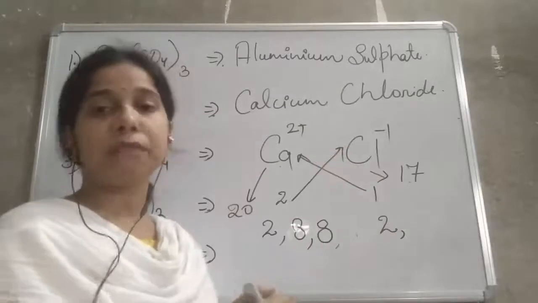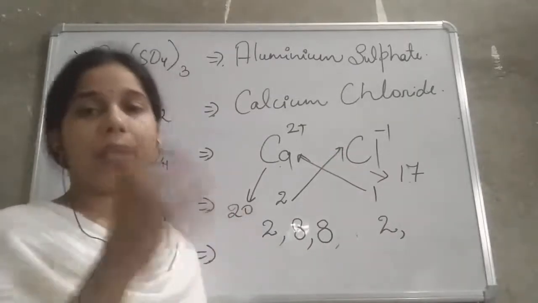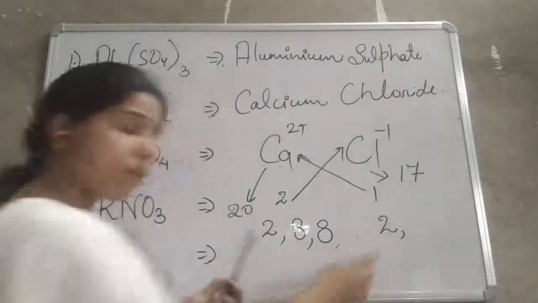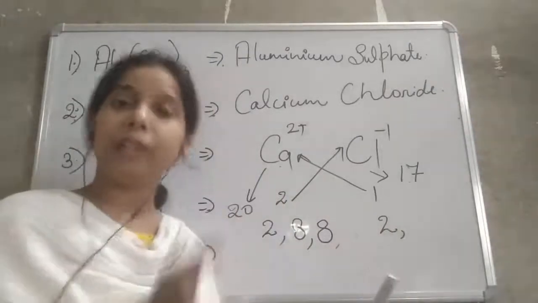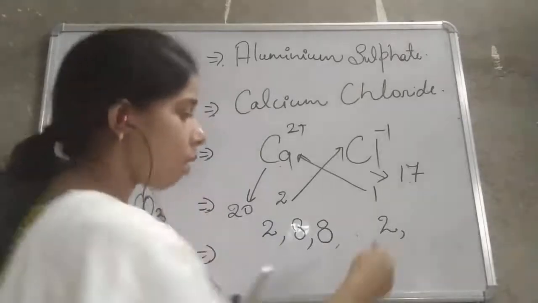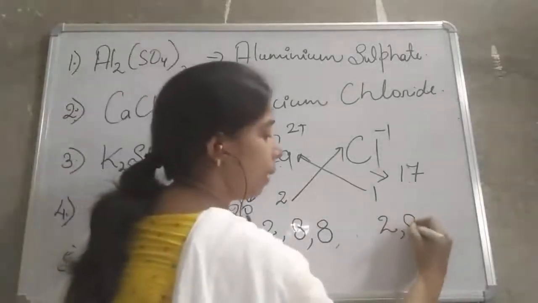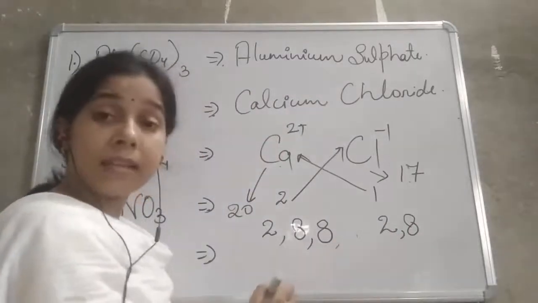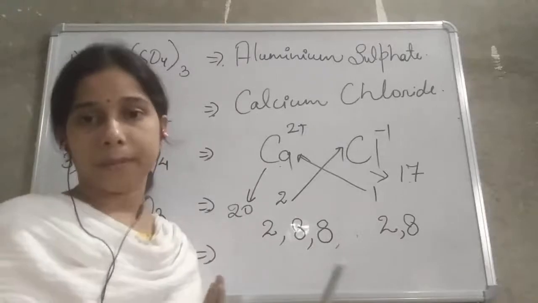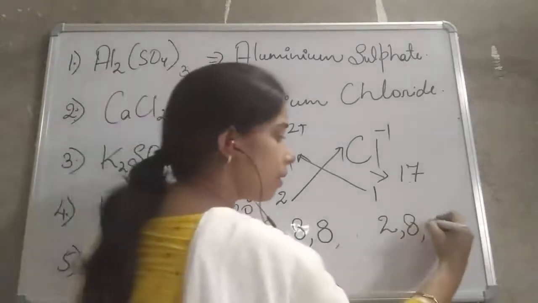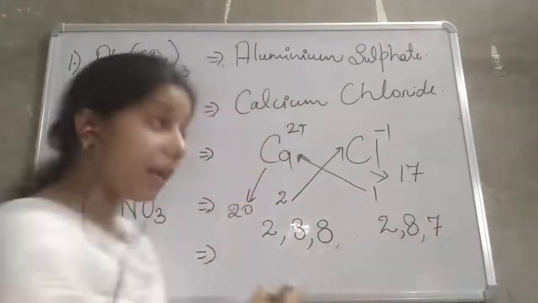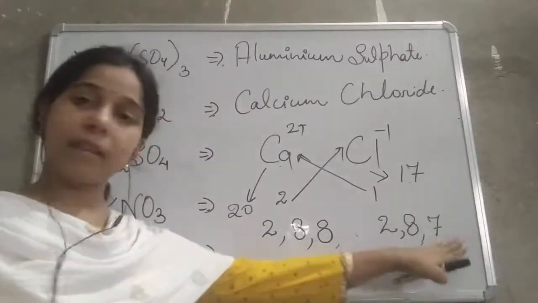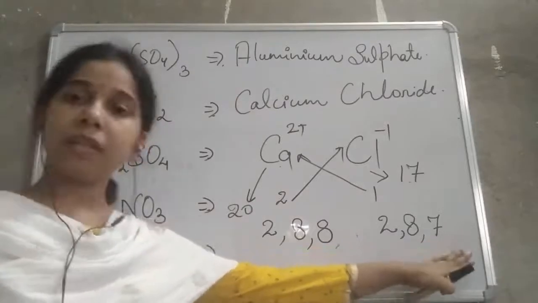After 2 electrons, the other electrons will start entering into the next shell. In the next shell, 8 will be there. So 8 plus 2 is 10. Still 7 electrons are there. So in the next shell, the 7 electrons will be there, because you know it can accommodate 8 electrons. So 7 can be accommodated by the third shell.